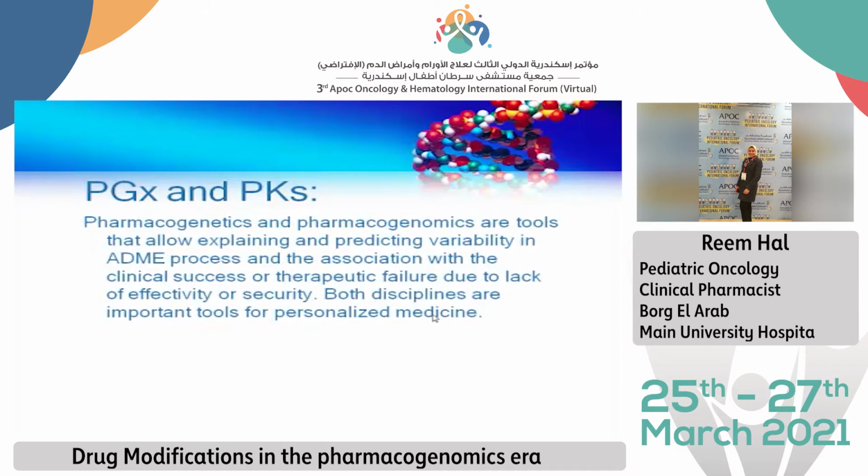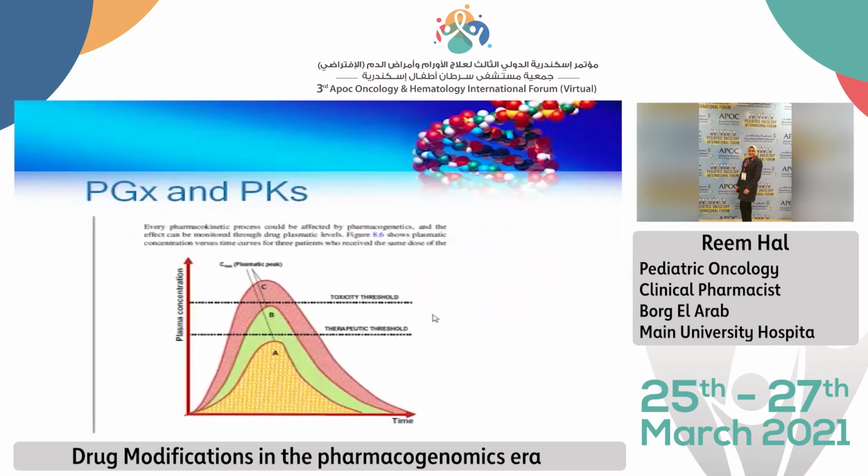Pharmacogenetics and pharmacogenomics are tools that allow explaining and predicting variability in the ADME process and association with the clinical success or therapeutic failure due to lack of effectivity or security. Both disciplines are important tools for personalized medicine.